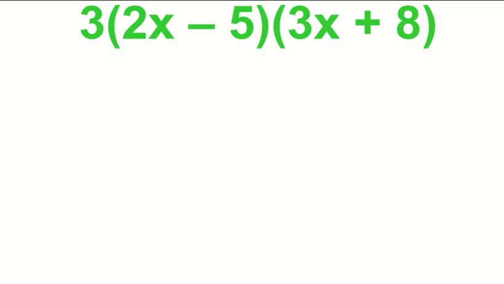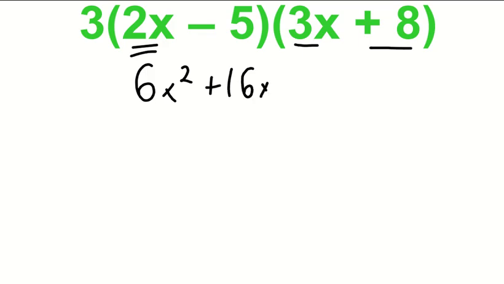So if you foil, you got your first numbers, so 2x times 3x, that makes 6x squared. You're gonna do your outside numbers, so we got 2x, 8x, so that's plus 16x. Inside numbers, minus 5 and a 3x, so that's minus 15x.